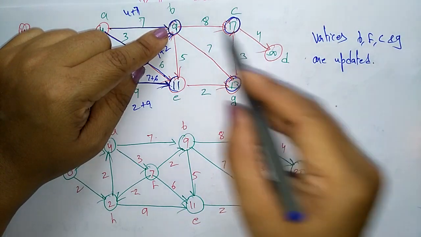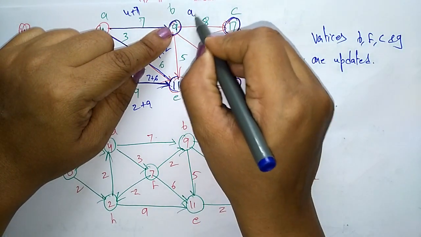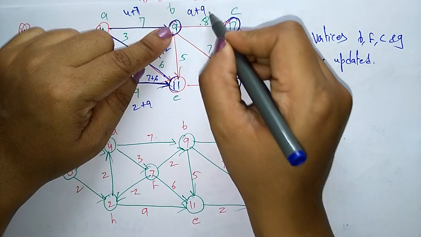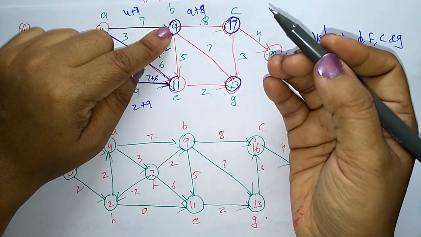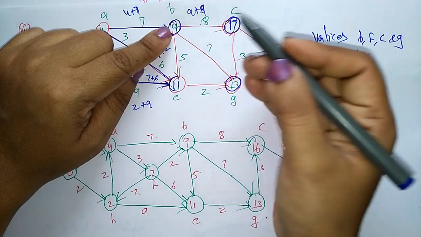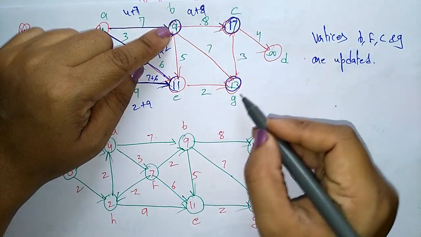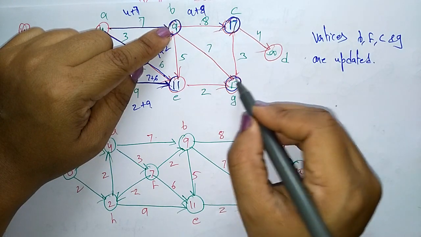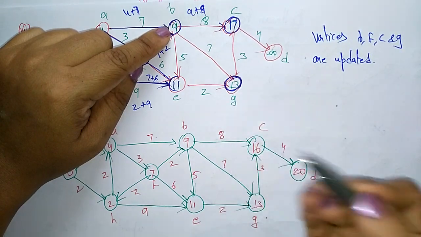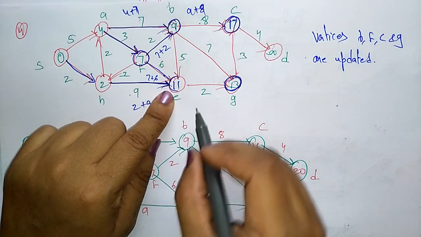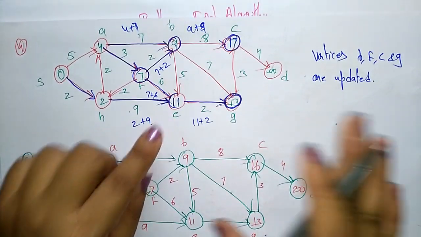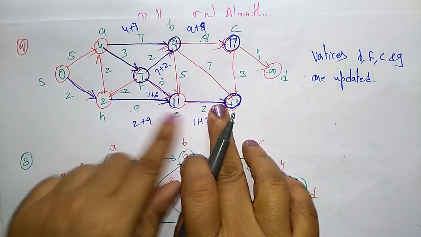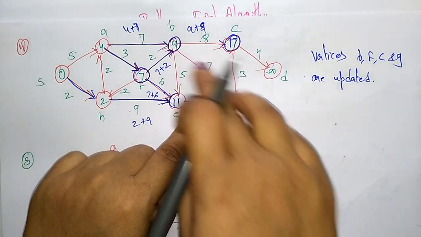Now check here, I have to update C also. 9 plus 8, I'm getting 17. But first we have to check this. This is G. G comes from 11 plus 2, this path, 13. So don't be confused. First you have to check one path, afterwards you check the other paths.